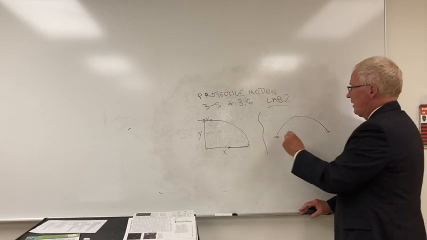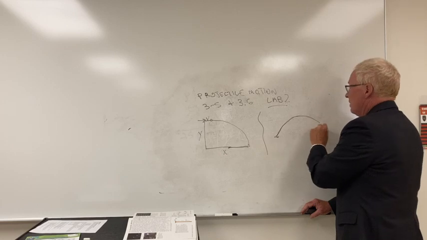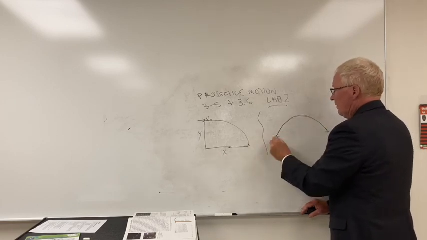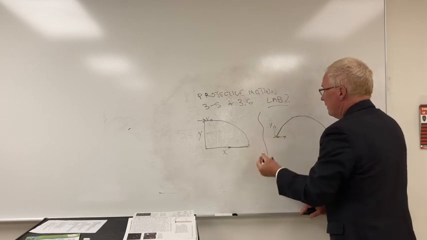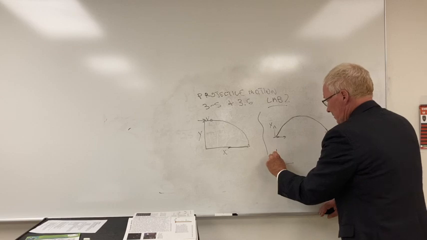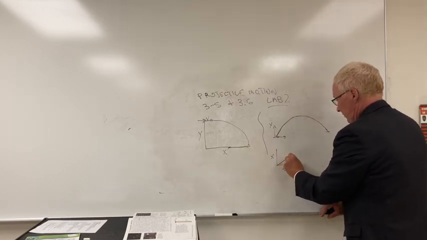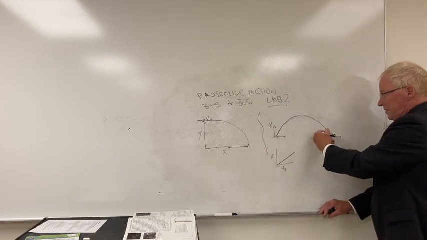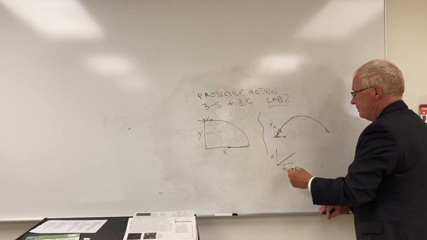What you'll see here, with x horizontal and y vertical, is that the graph of position versus time in the x direction will be a straight line, because it's going horizontally at a constant velocity, the velocity you shoot it at.